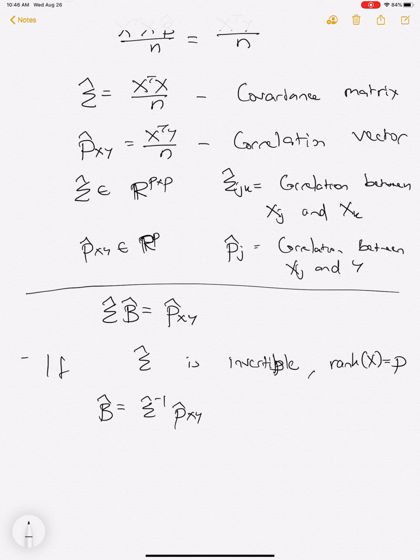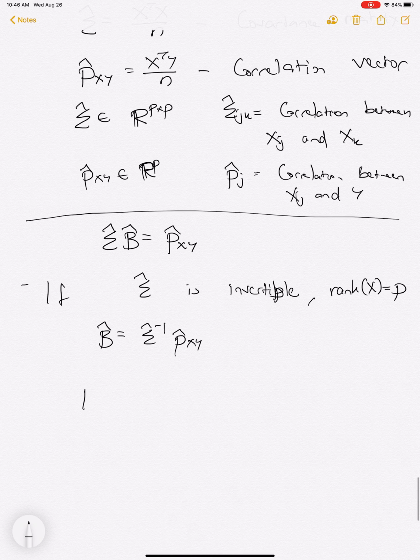So the way to interpret that is that beta hat j is obtained by taking the correlation vector, multiplying it by the inverse of the sample covariance matrix, and taking the jth coefficient.